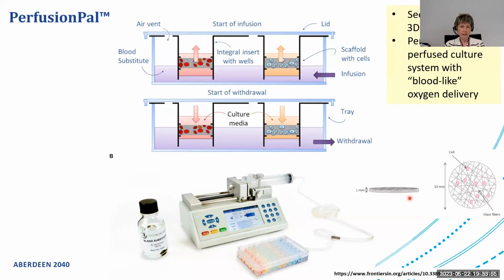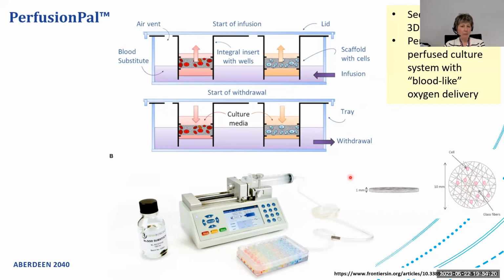And this is what the Seed Easy looks like here. It's 1 millimeter in thickness and 10 millimeters in diameter. The Seed Easy is comprised of a number of randomly orientated glass fibers, and the cells sit within the glass fibers and can be maintained in 3D.